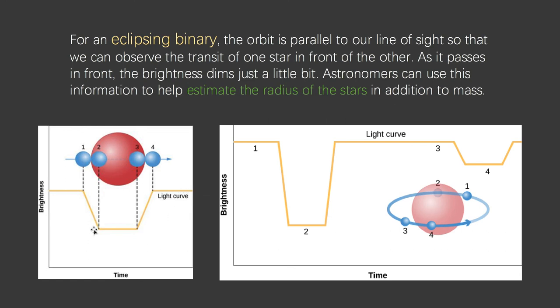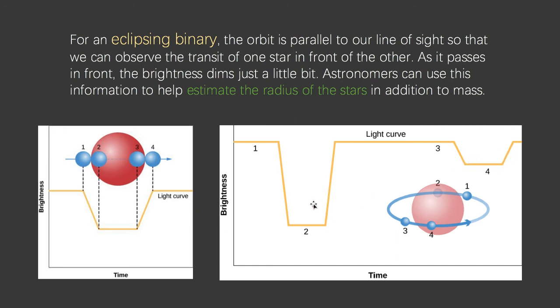So the dip here will tell us the orbit. So we can take time, how long does it take for one dip to happen? That's one star passing in front of the other. And then the opposite, the other star passes in front of the first one. And we get another dip.